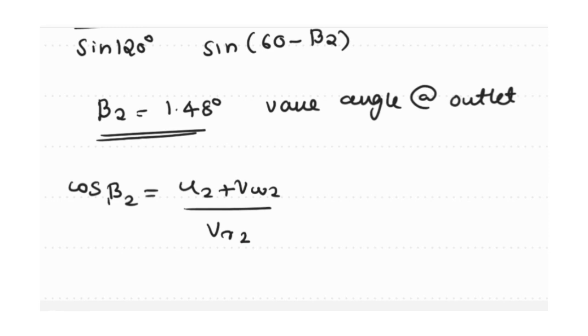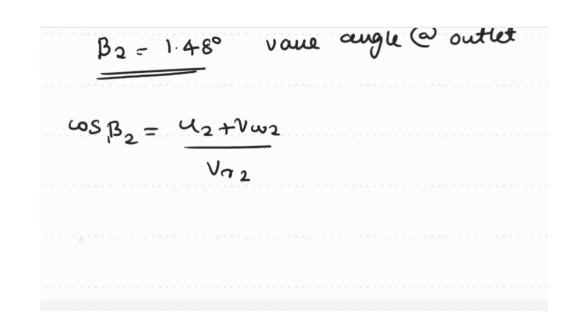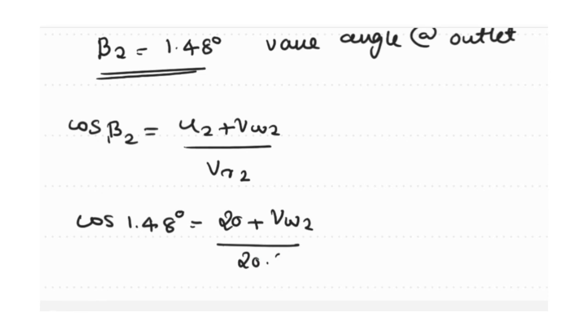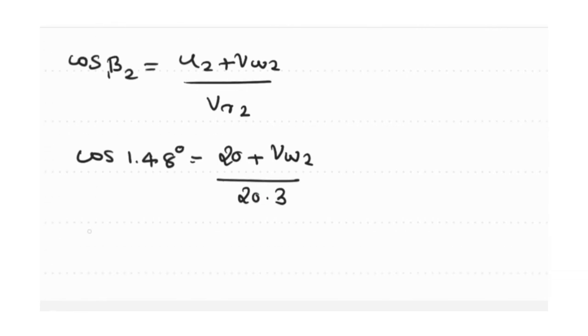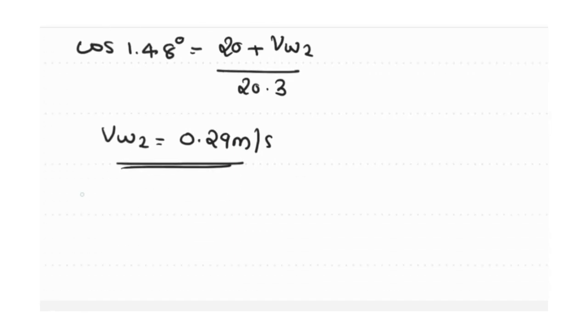You can apply anything, cos, sin, tan, whichever is convenient and whichever is known, according to the known data. So that is cos of 1.48 degree is equal to 20 plus VW2 divided by 20.3. So you should solve it. We'll get VW2 is equal to 0.29 meter per second.